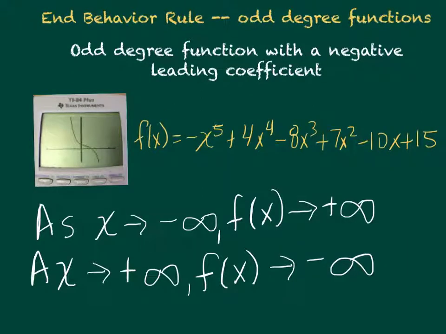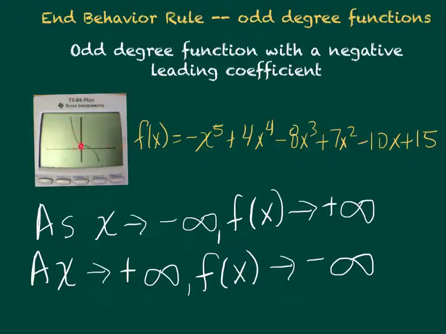Now, remember that taking the opposite of something on a graph would actually flip the direction. So, for an odd degree function with a negative leading coefficient, instead of the function going negative as we saw before, as x goes negative, the function is actually going positive now.